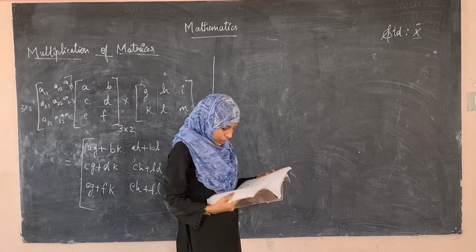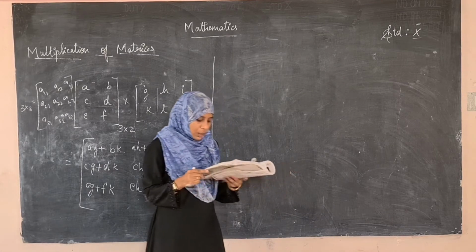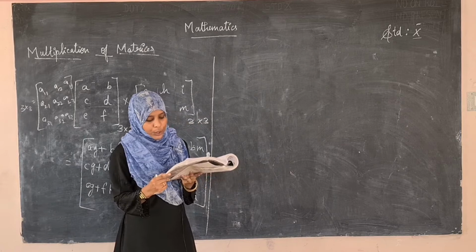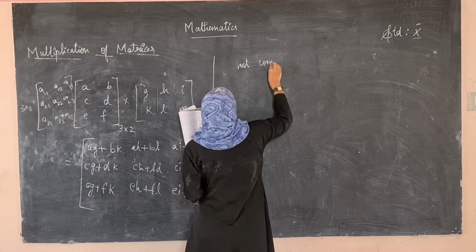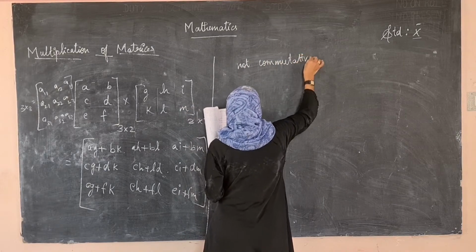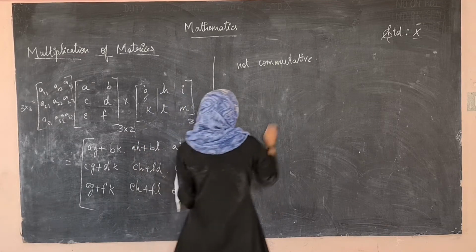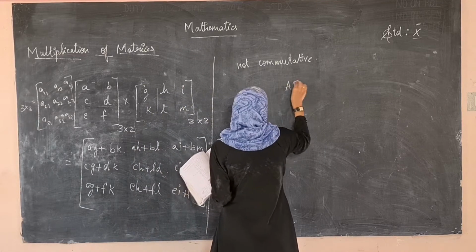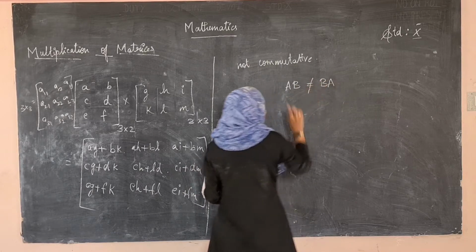Next we are going to see some of the properties of multiplication of matrices. They are given: matrix multiplication is not commutative. What is commutative? We have seen this property in addition and subtraction. Commutative means if we take two matrices, A into B should be equal to B into A, but matrix multiplication is not commutative.